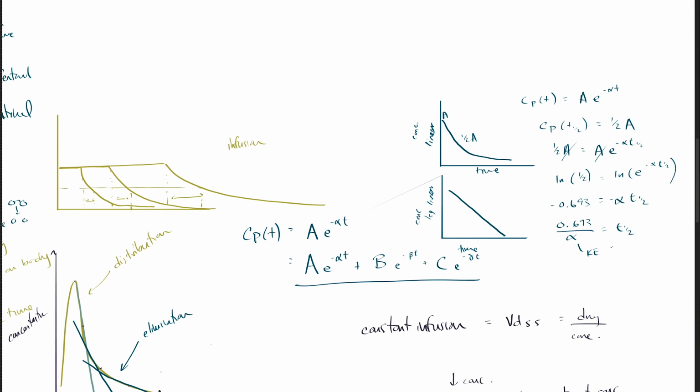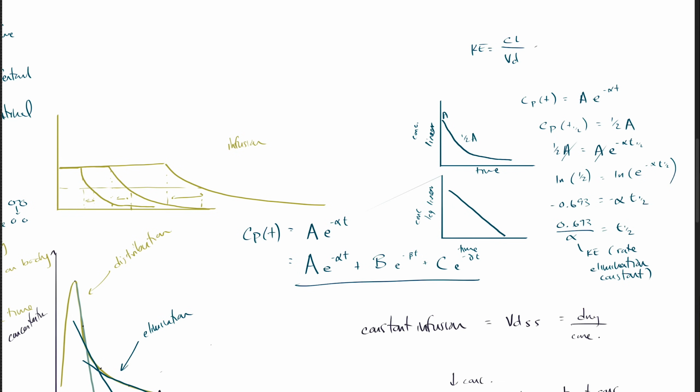This is called rate elimination constant. Describes your relationship with your half-life. So this rate elimination constant, KE, is also equal to your clearance divided by your volume distribution.